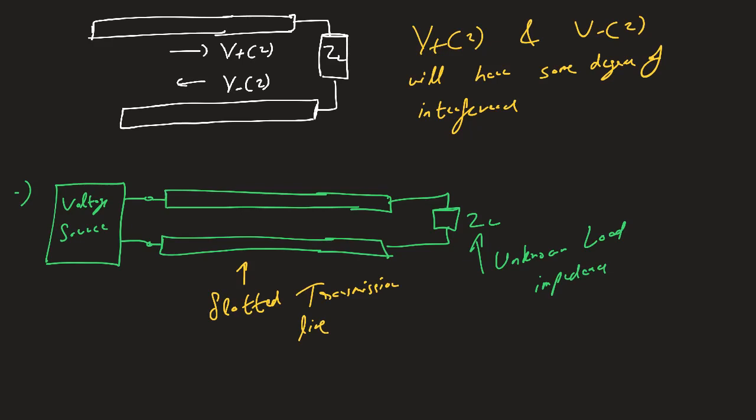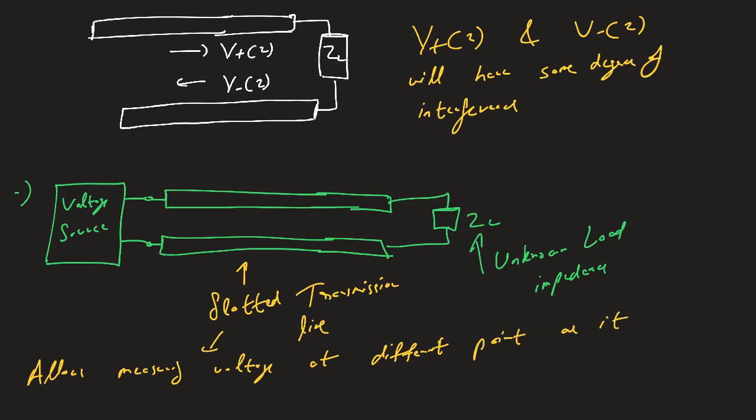And the idea of a slotted transmission line is that it allows measuring voltage at different points, as it has a gap for voltmeter probes, right?